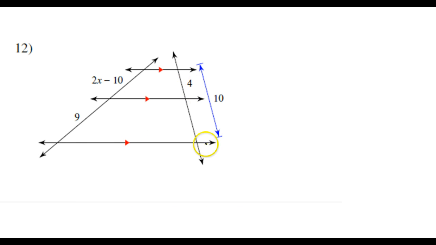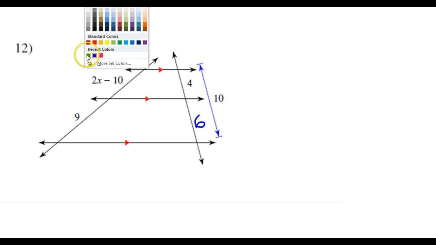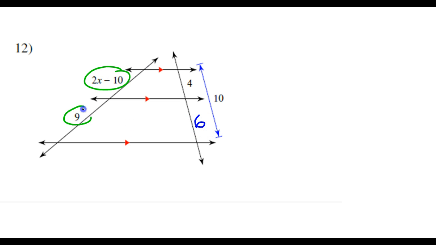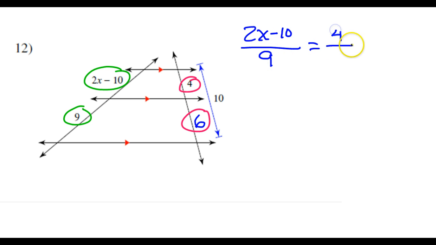For number 12, it would be easier to use the side splitting version. Since that's 10 and this is 4, of course this will be 6. So this pair of parts should be proportional to this pair of parts. If we set up that equation, that would be 2x minus 10 over 9 should equal 4 over 6. I'm going to reduce this. So I have 2x minus 10 over 9 equals 2/3.